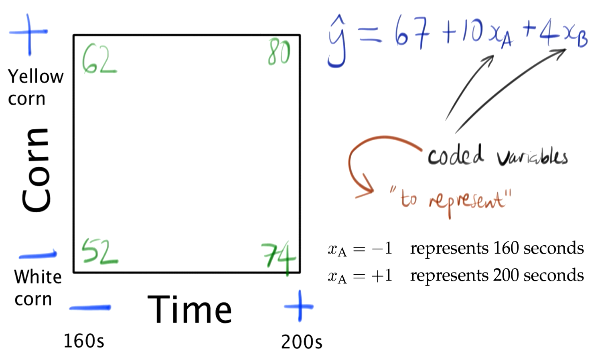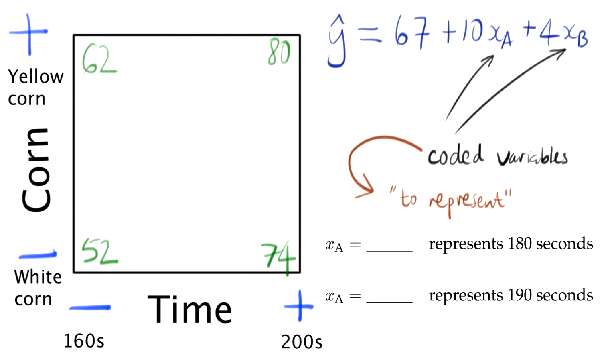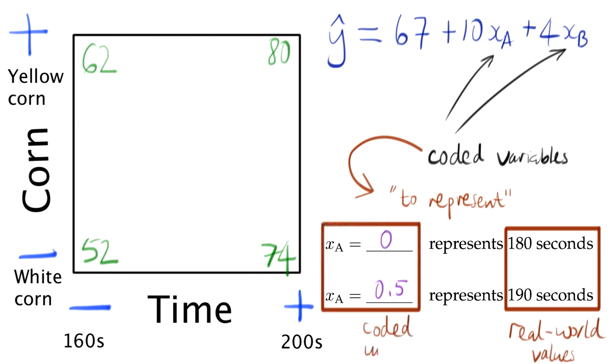For XA, the representation is similar. The -1 represents 160 seconds, and the +1 represents 200 seconds. How would you represent 180 seconds? How would you represent 190 seconds? There's a way to move from real-world units to these coded units, and I'll show you that in a future class.